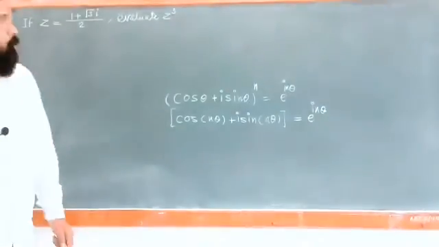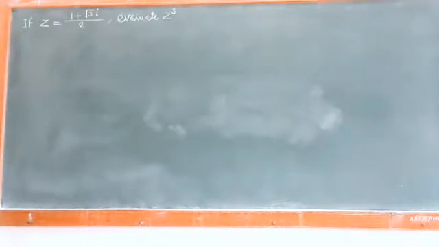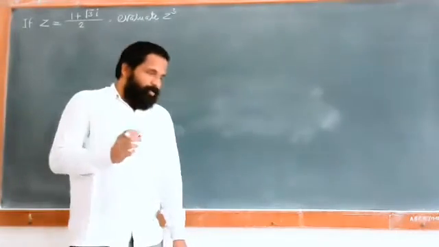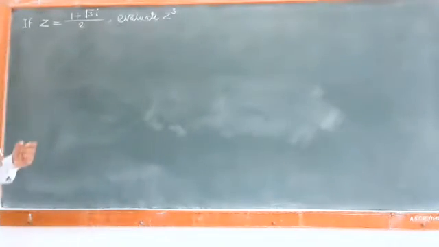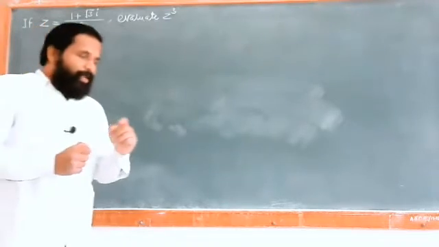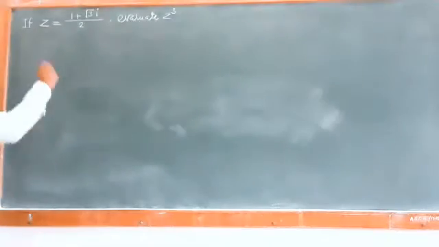Okay, so we have a problem like this. If z is equal to 1 plus root 3i by 2, evaluate z cube. So I can write this complex number in the form of z is equal to x plus iy. आपला जो काही रेग्युलर रेक्टेंगुलर फॉर्म आहे त्या रेक्टेंगुलर फॉर्म मध्ये आपल्याला अगोदर लिहायचा कशा पद्धतीने येतं पहा.